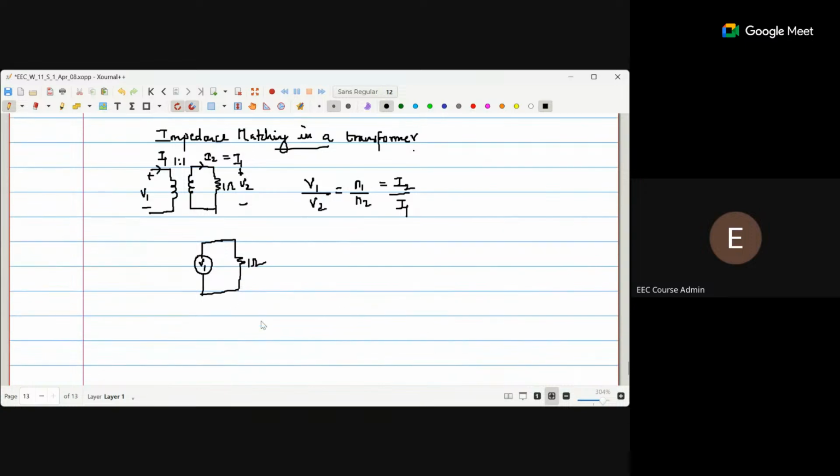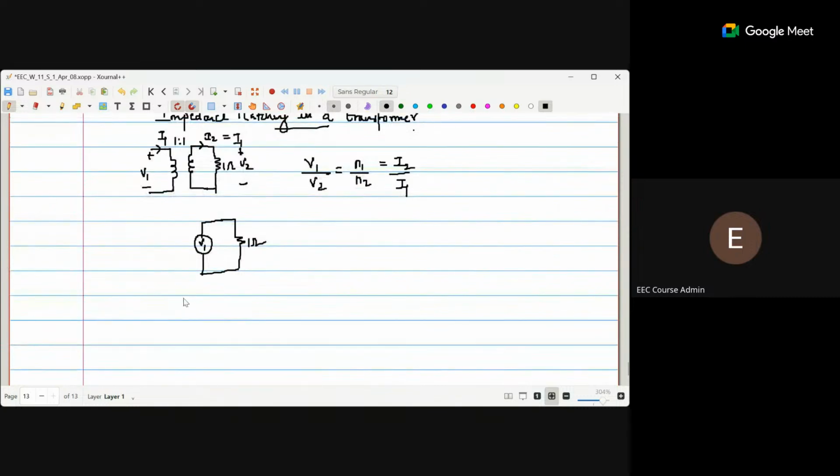Now if you consider N1 to N2, not 1 to 1. So the primary current is I1, primary voltage is V1. Then here you connect a resistance R. You have to see what is the equivalent resistance seen from the primary side. The current in the secondary is I2, and this is your V2.